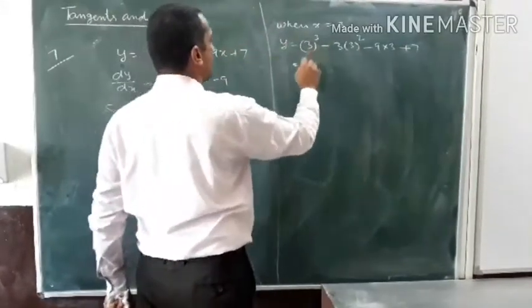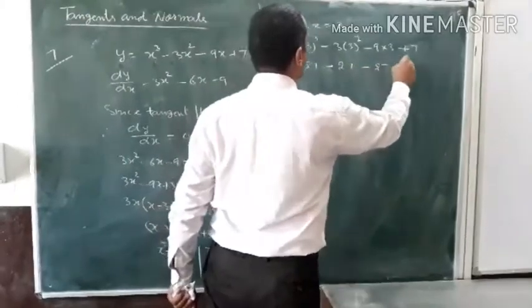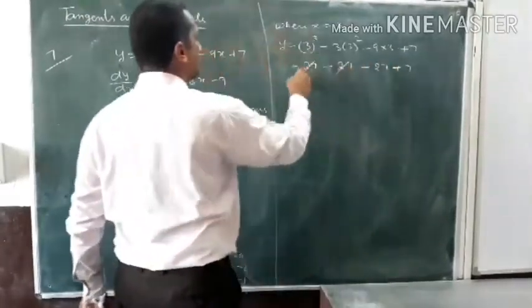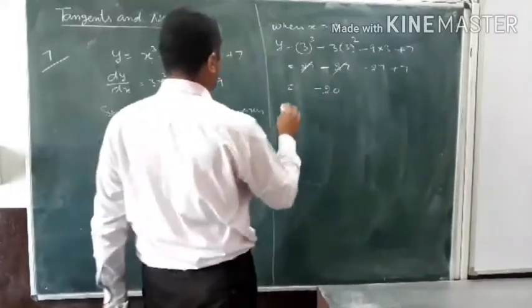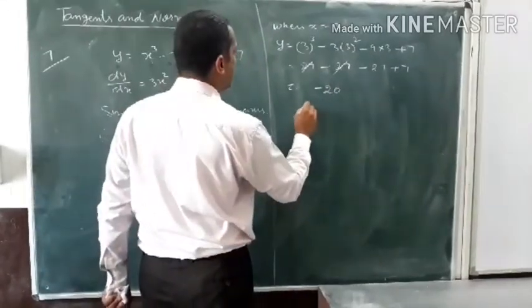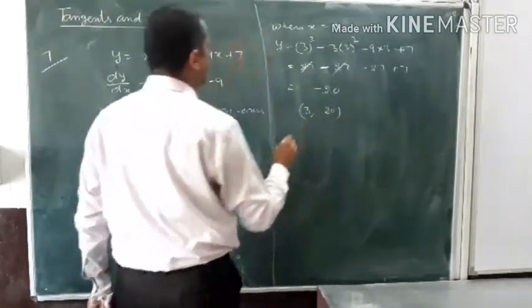So 27 minus 27 minus 27 plus 7 will be minus 20. So one point is 3 and minus 20.